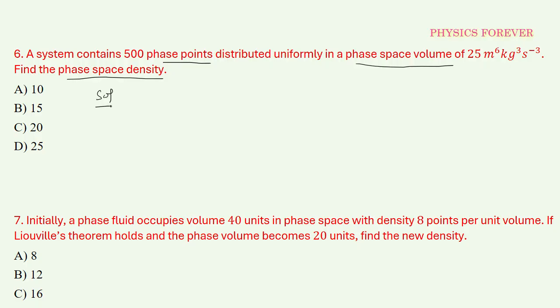How to solve? What are the given values? Here the number of phase points is 500, and the phase space volume is 25 m^6 kg^3 s^-3. What formula do I have to use here?